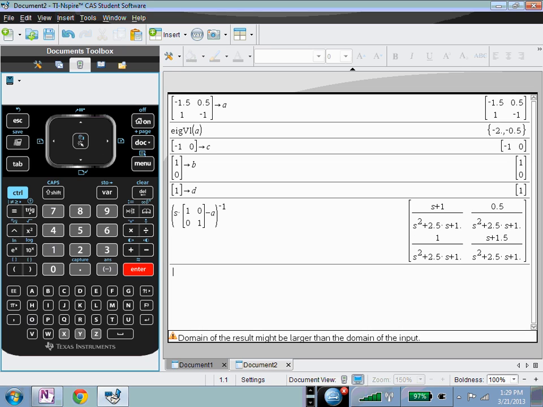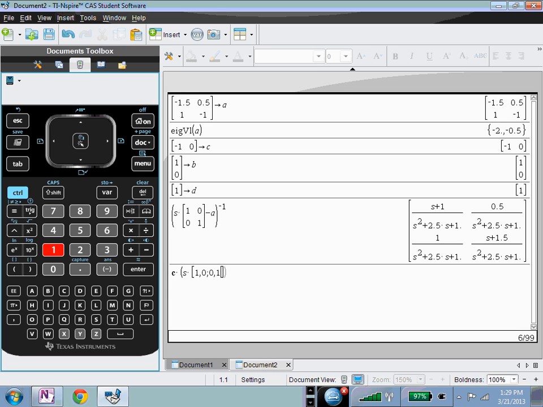Does that look similar to what we had? All the denominators better be the S squared plus 2.5S plus 1, and our numerator expressions better be what we calculated by hand. We wouldn't have had to do that intermediate step. We could just say C times, and you might actually want to do something different than input this identity matrix the way I'm doing now by longhand.